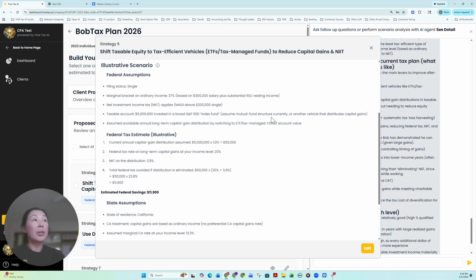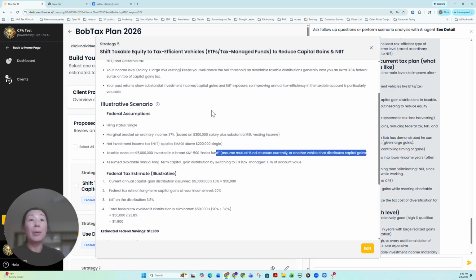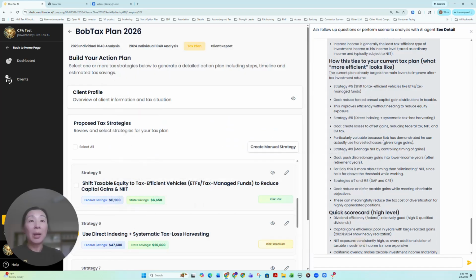Assume mutual fund structure currently, or another vehicle, that distributes capital gains. So in the questionnaire, we filled out that Bob invested in an S&P 500 index fund, but we did not specify that it is an ETF. So that said, Bob already invested in ETF. So for this one, the strategy does not apply to Bob.